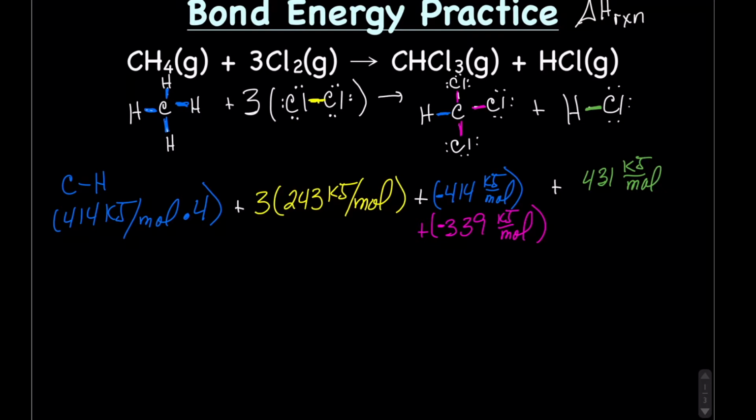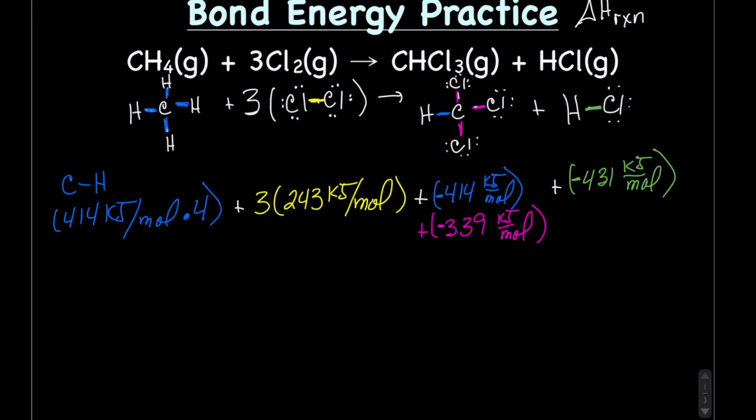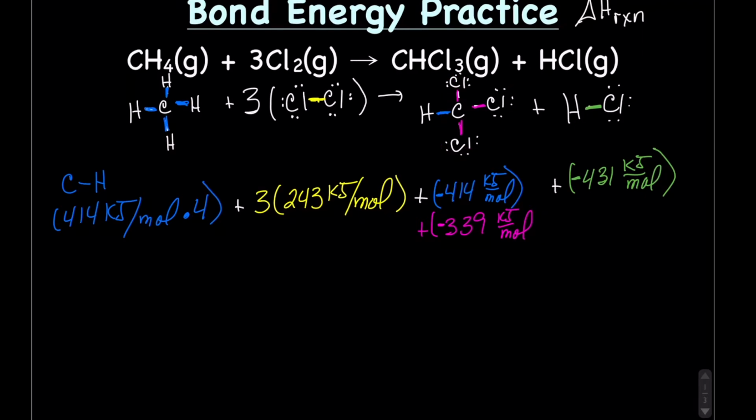It's on the product side, which means we're releasing energy. Forgot something over here. Go back to pink here. Remember here I had 3 C-Cl bonds. So we need to multiply this number by 3.